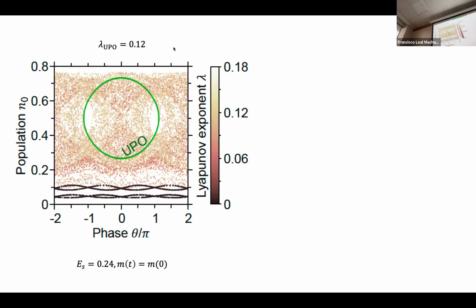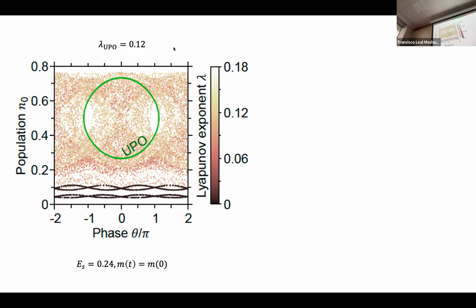So let me also make a note that this is a Hamiltonian system, so the energy is conserved. For any trajectory that you see, the energy is conserved. And specifically for this plot, we choose to have the trajectories at this energy per atom, this value.